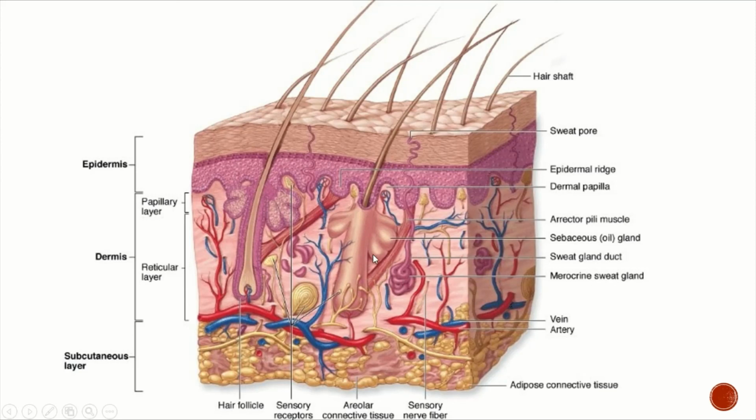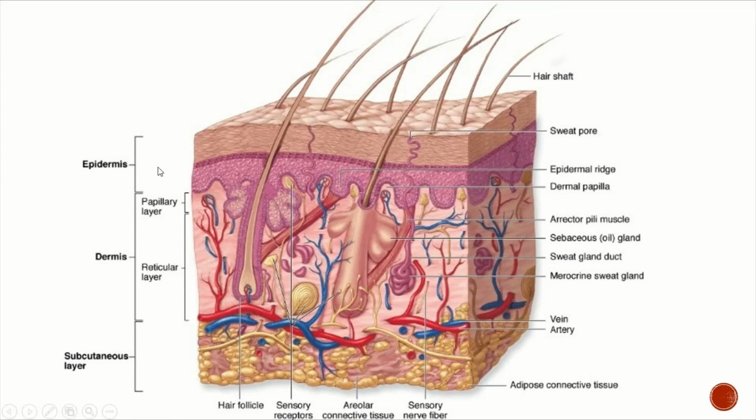Every hair follicle has a small muscle called the erector pili muscle that erects the hair. For example, when we get goosebumps, the hairs straighten, and that's because of that muscle. And we also have sensory receptors on the dermis, receptors for touch, heat, pressure, pain, etc.